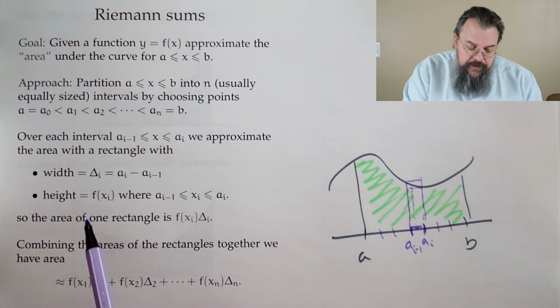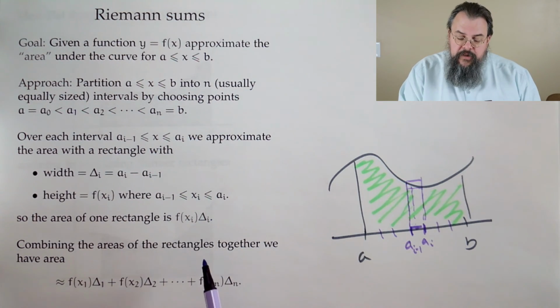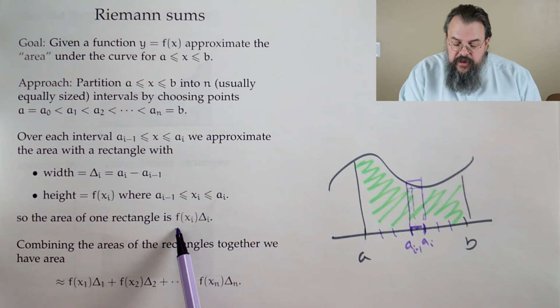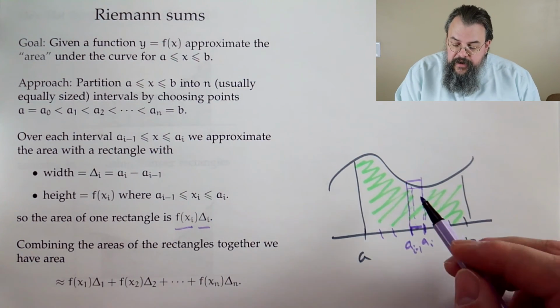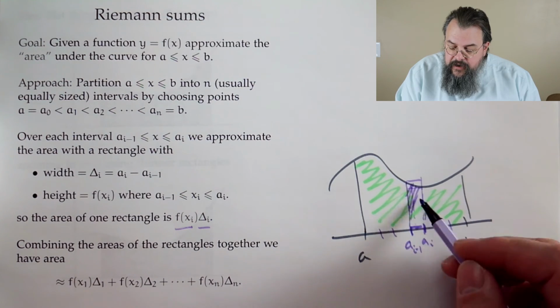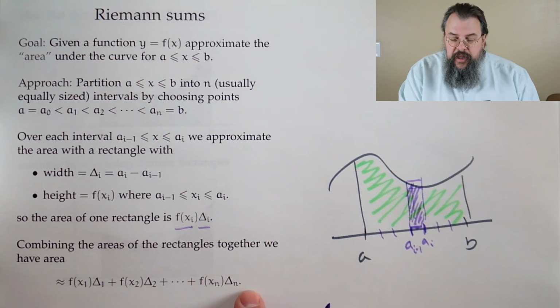So you have a width, you have a height, so multiply them together: the function somewhere in the interval times the length of the interval is the area of the rectangle. All right, great. Of course, that's one little piece, and now you add them all together.